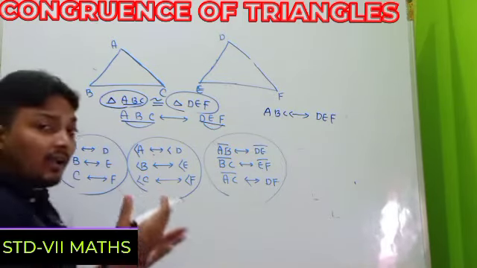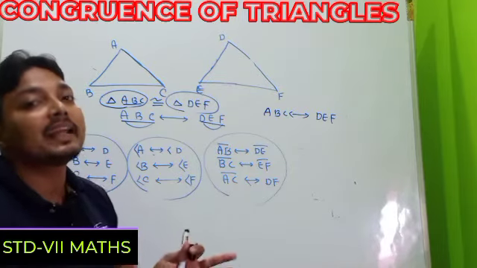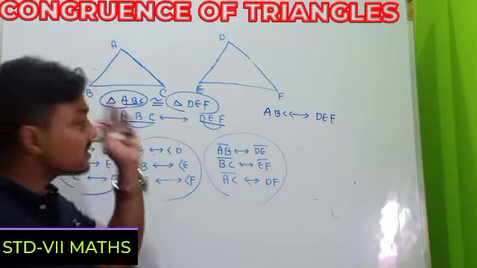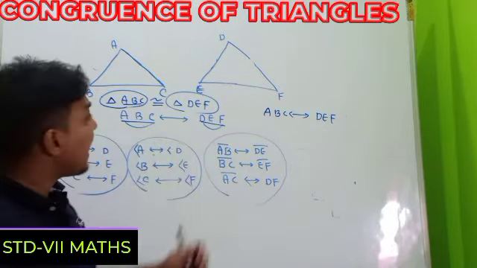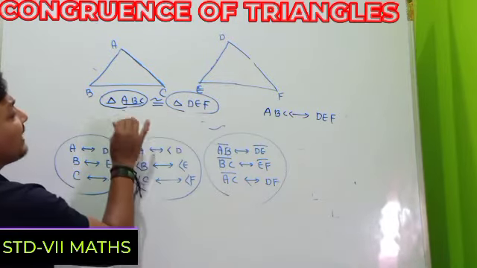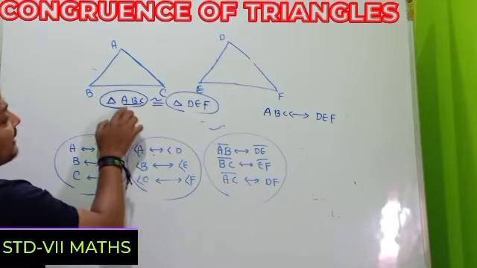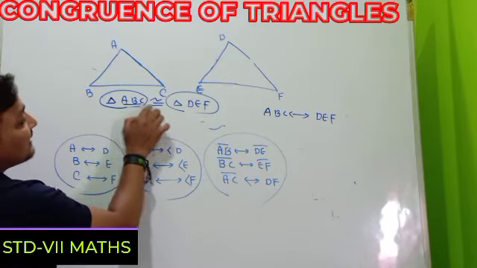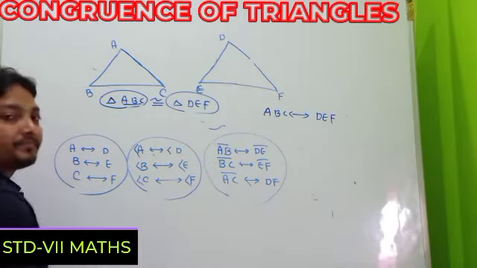Whenever one says in words that the two triangles are congruent, the correspondence must be given. And if the correspondence is not given in words but is given in symbolic form, it means triangle ABC is matching with DEF.